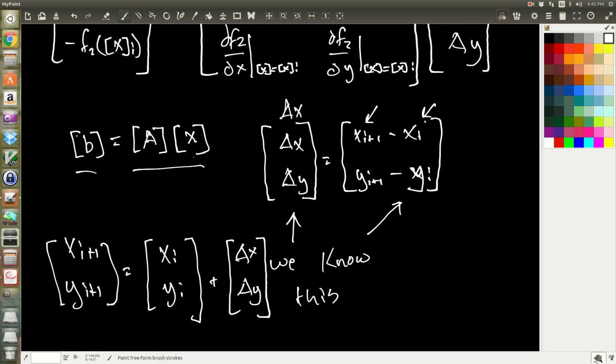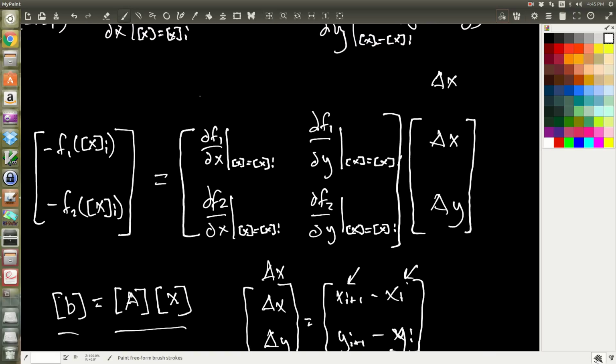Alright, now we've come up with an approximation. To do it, we had to use this set of matrix equations right here to come up with our delta x vector. And this matrix right here is a very special matrix. It's called the Jacobian matrix.